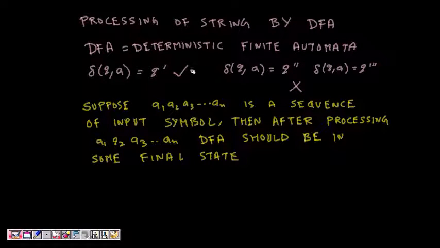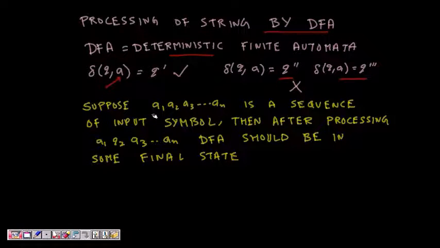And the important thing is, for a deterministic finite automaton, which we are going to see first, on seeing one input symbol it always goes to one unique state. It doesn't go to two different states. That's why it's deterministic. We are always sure what next state it will go to based on the input symbol.